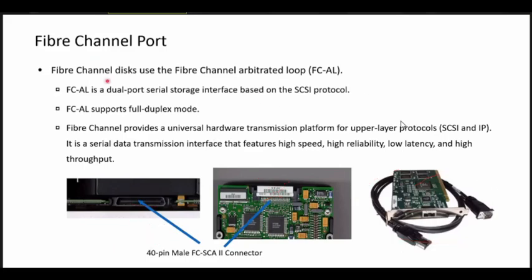Okay. So fiber channel uses fiber channel arbitrated loop, or fiber channel AL. It supports a dual port serial storage interface based on SCSI, supports full duplex, universal hardware transmission, and all this stuff. Universal hardware transmission means it doesn't matter what kind of hardware you use, as long as you use a SCSI fiber channel connection, they are able to transmit the data.